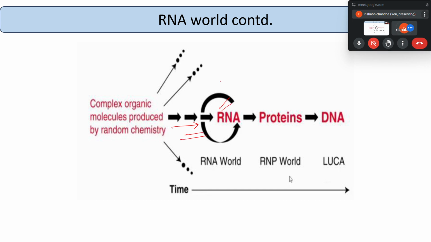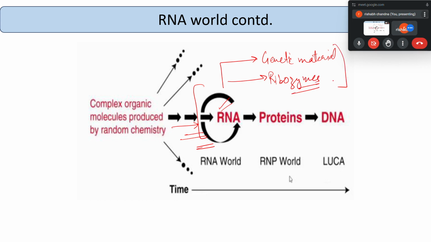So the first molecule that originated was RNA according to the RNA world hypothesis. And this RNA does the work of genetic material as well as protein enzymes. So this was the basic function of the RNA that originated first.